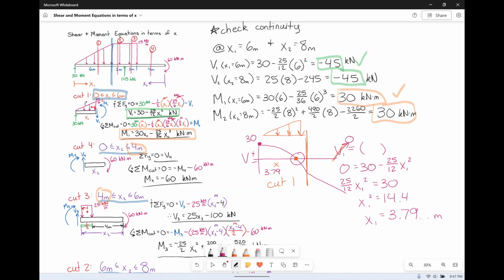Anytime this 2 degree shear diagram is going to cross the 0, you want to make your moment equation and your shear equation in terms of x, because that's, honest to God, literally going to be the best way to solve for it.